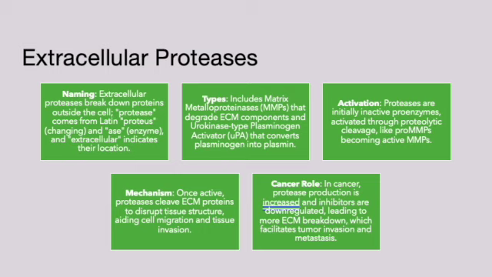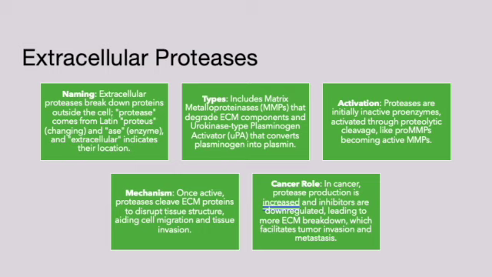Simultaneously, protease inhibitors, which normally keep protease activity in check, are downregulated, and this allows greater protease activity and thus more ECM breakdown and increased expression, and it creates a vicious cycle. And proteases that are initially inactive are activated, which enables them to efficiently degrade the ECM.